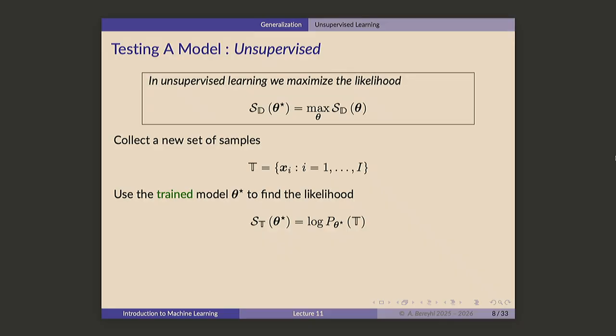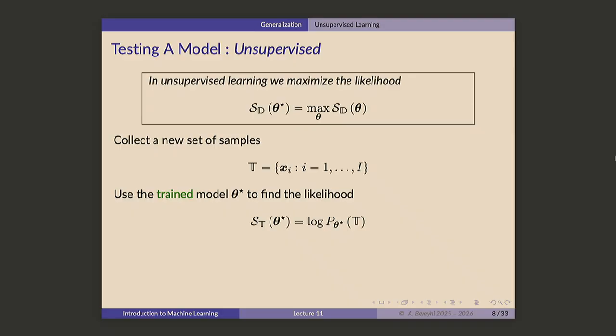Now I have that theta star. If I do the same approach, I compute the log likelihood on the new set T and maximize it, is that new maximizing point necessarily theta star? No.